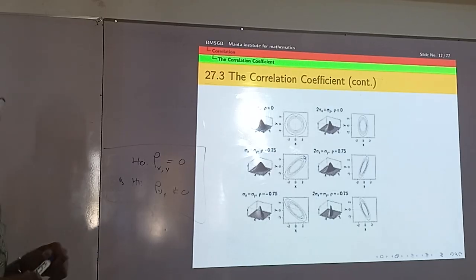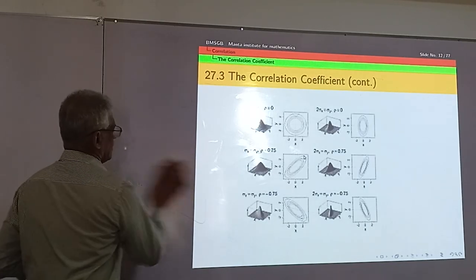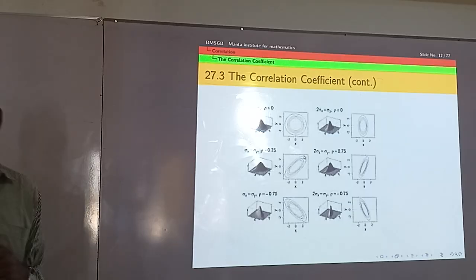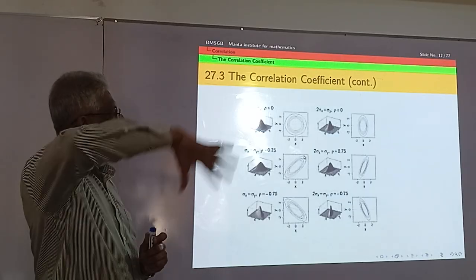So just to give you some idea about what we mean by bivariate normal distribution, here are several bivariate normal distributions. These are like bells.